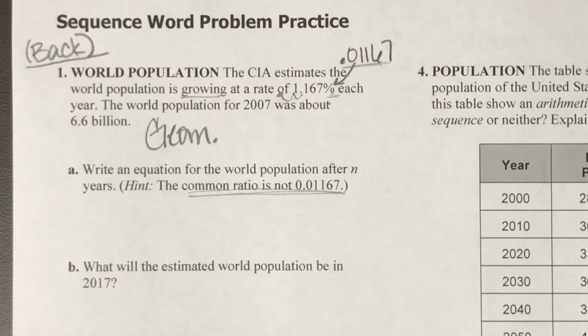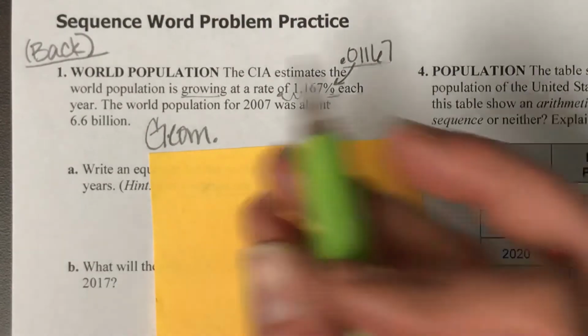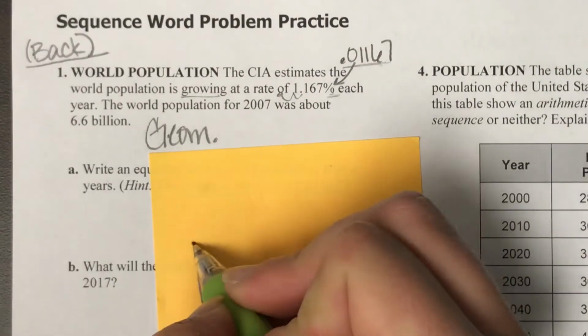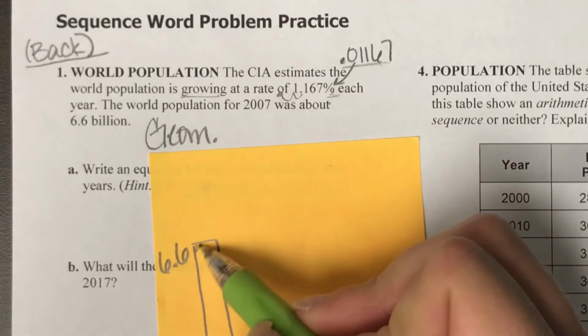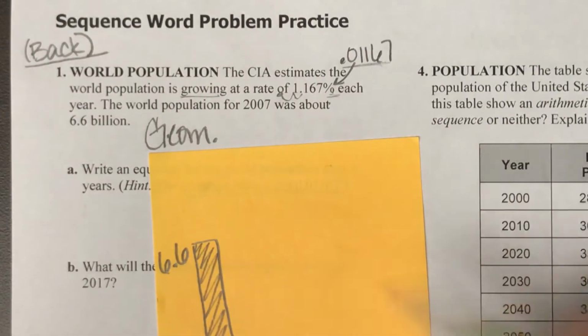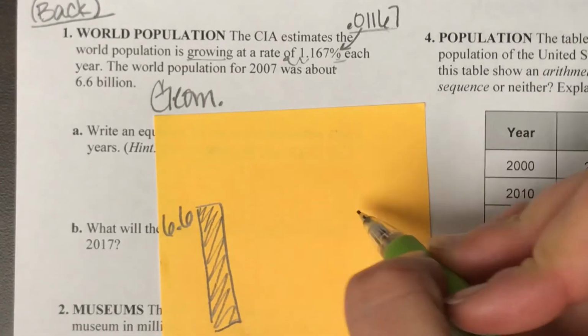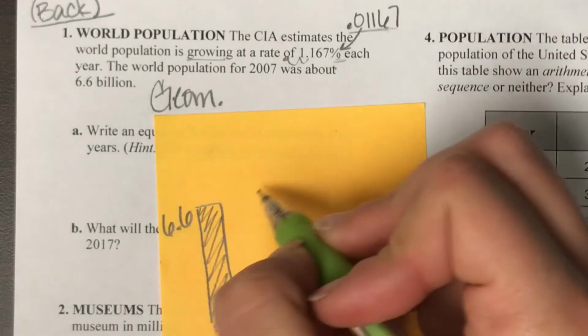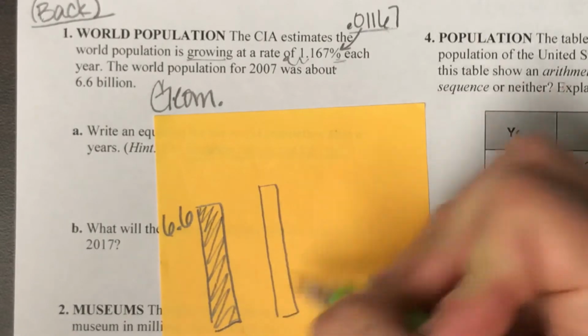The 1.167% is not telling me from year to year. It's telling me, okay, so I start out with 6.6 billion people. This is like my little bar graph for the number of people there are in the world, okay? In the next year, I'm going to add, so I'm going to have a higher population.